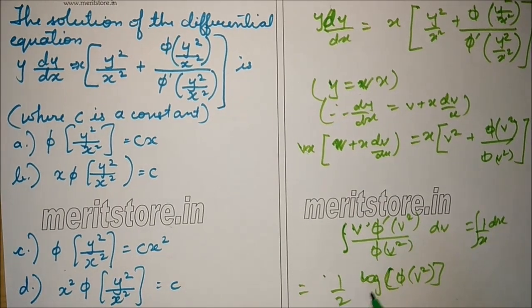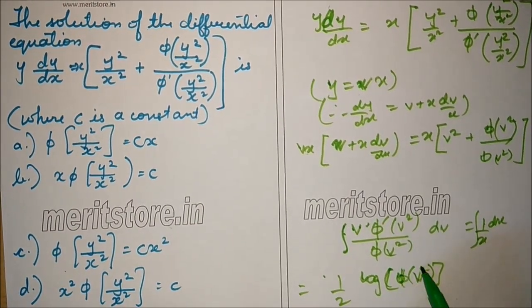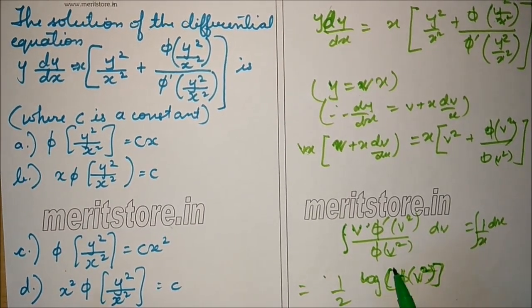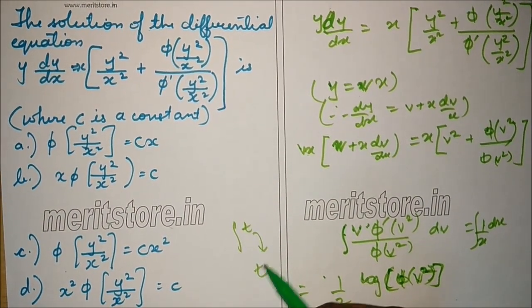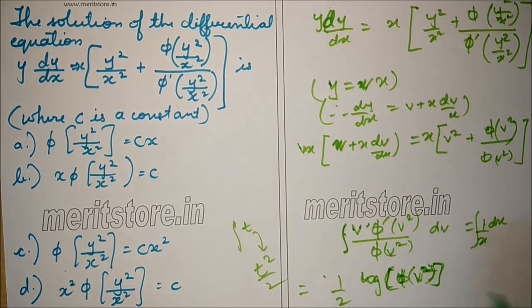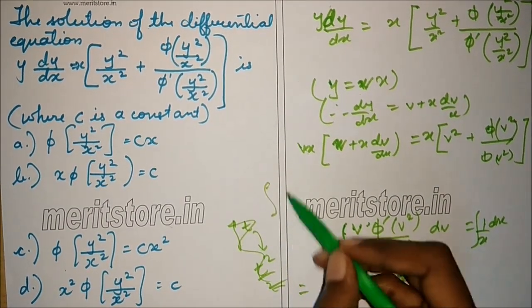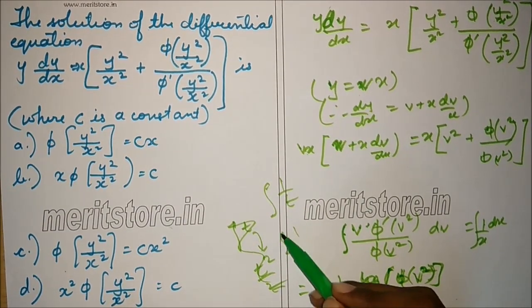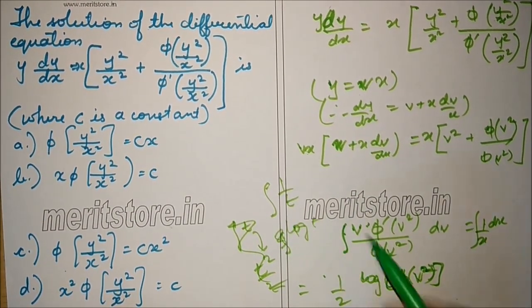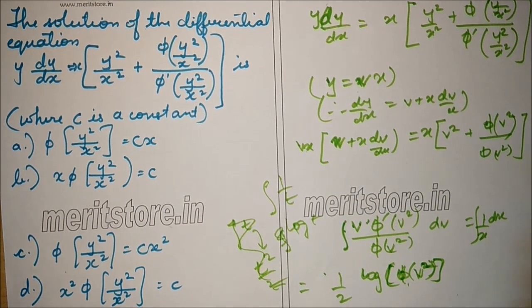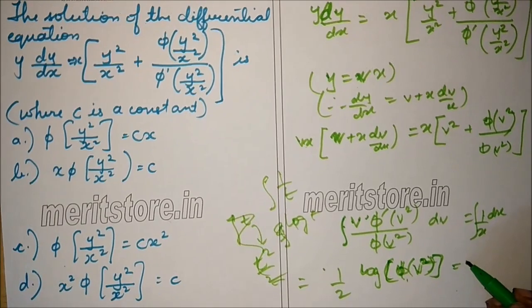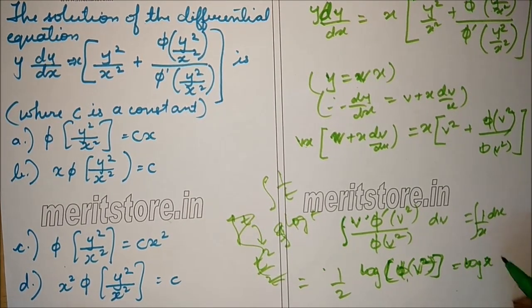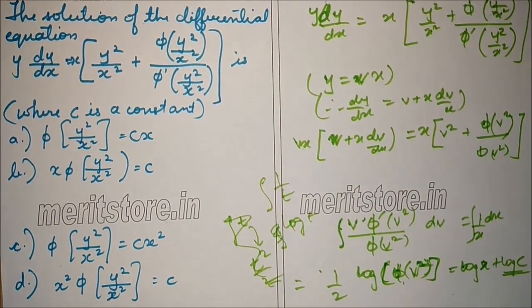We can write this as half log of phi of v square, since this was in the form of integration of t, so the integration of 1 by t was log t, where t was this. If we simplify this, we'll get this answer. So this will be equal to log x plus log c. Let this be the integration constant.